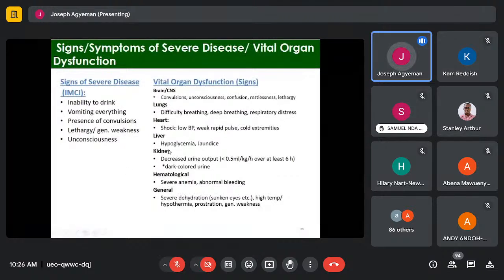All these can result in kidney failure. The key marker will be a decreased GFR that will result in a decreased urine output. Typically, for example, as per the KDIGO guidelines, if you have urine output less than 0.5 mL per kilogram body weight per hour for at least 6 hours, then that is described as AKI. You're having an acute kidney injury.